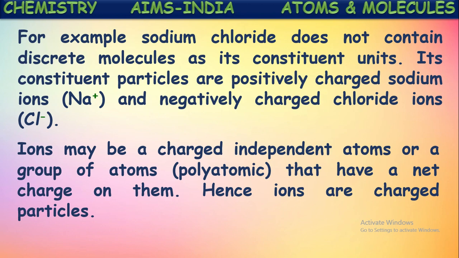If it is a group of atoms or radical, some charge will also be shown on that. That is the total charge for all those atoms together, said to be the net charge on them. Hence, ions are charged particles. So the ions or radicals are charged particles, formed either by loss or gain of electrons.